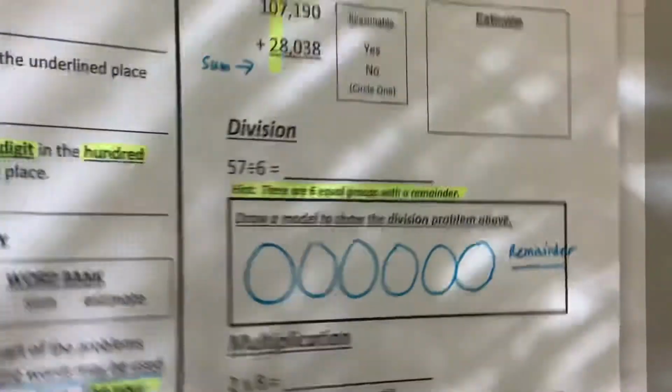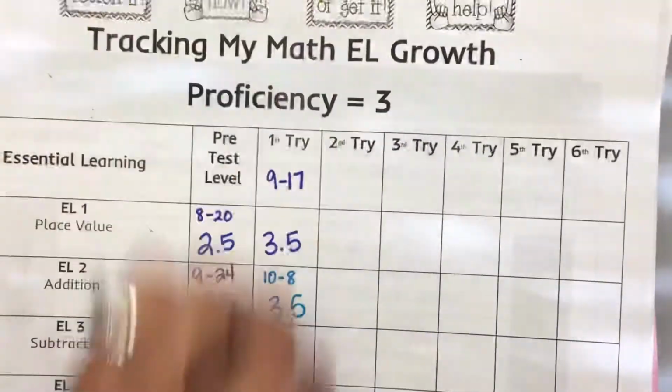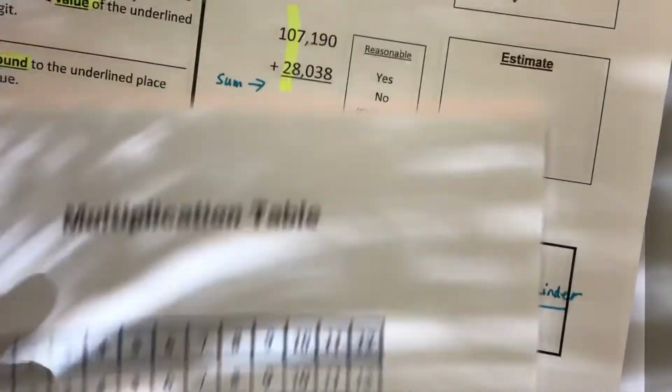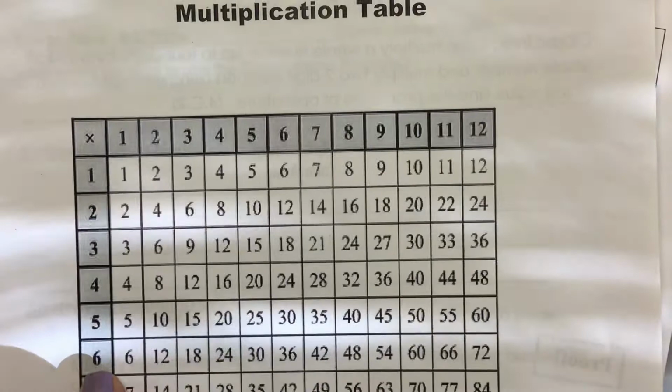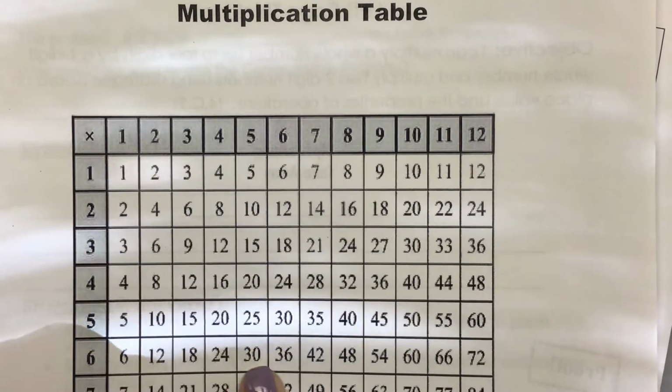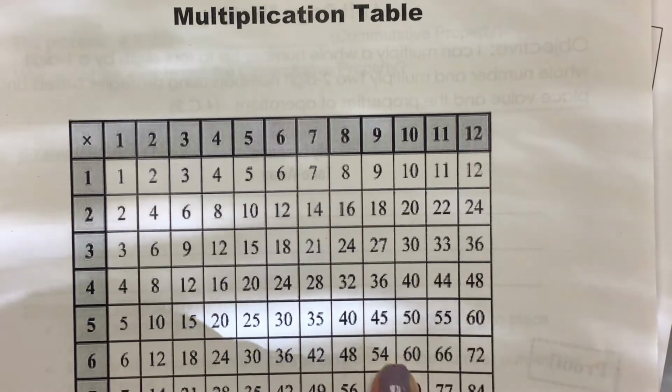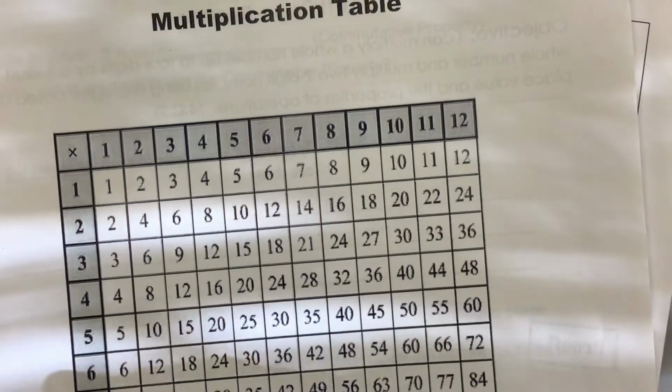Okay, 57 divided by 6. You can go into your math journal. You can open it to your multiplication chart, which is on page 46. 57 divided by 6. Come across here until you get to the number closest to 57 without going over. And that will tell you how many are in each group.